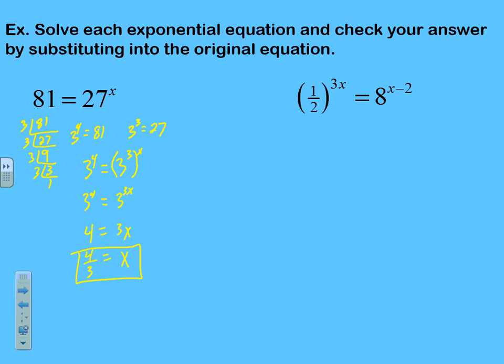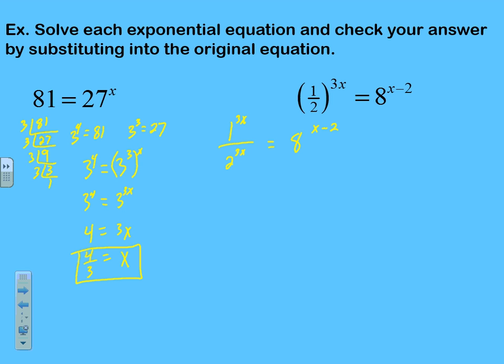So I could begin by saying 1 to the 3x power over 2 to the 3x power is equal to 8 to the x minus 2 power. Now you could do it this way and see what you wind up getting. And let's go ahead and try working it out and just see how it goes. And if it works, then great.